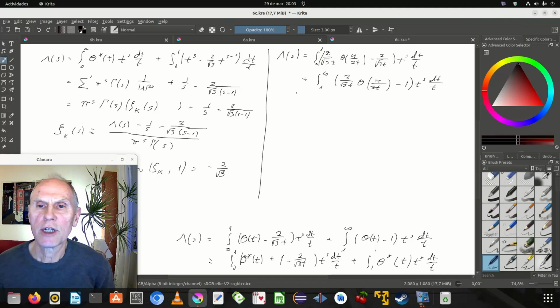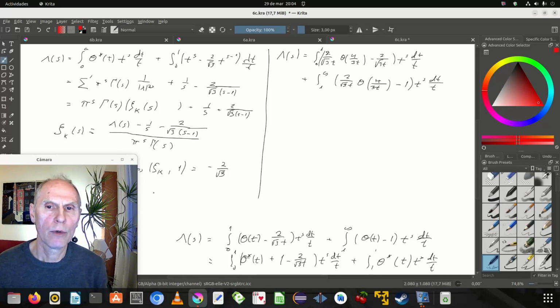And then we must make a change of variable. We set u equal to 4 divided by 3t. Meaning du per t equals minus, now what's that? Du per u equals minus dt per t.